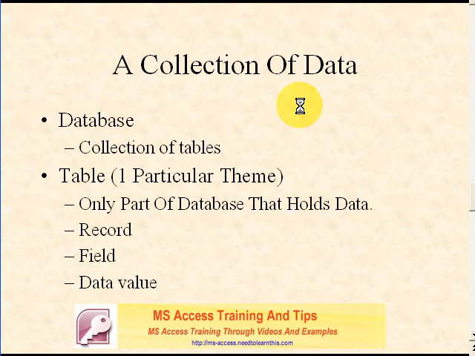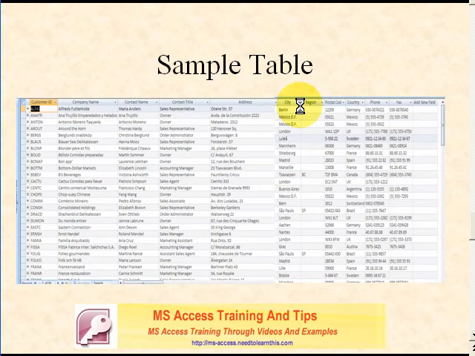Okay, the queries, the forms, the reports are all things that show your data in a particular way. A query extracts it, questions your data, but it's all stored in a table. And in your table, you have records, you have fields, and you have values. Okay, we're going to cover that in further future videos.